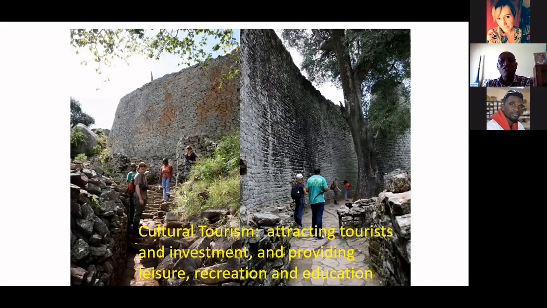They attract not only tourists but also investment, and provide leisure, recreation, and education. So this again is an opportunity where as archaeologists we need to participate in ensuring that our archaeological resources are ready to be utilized in a sustainable way in the tourism industries.